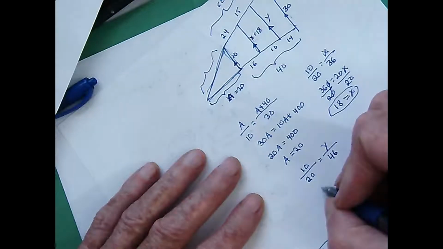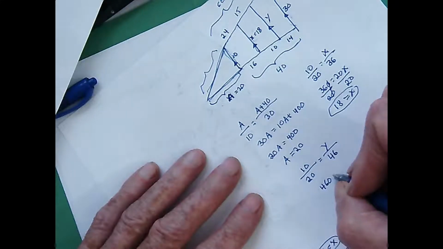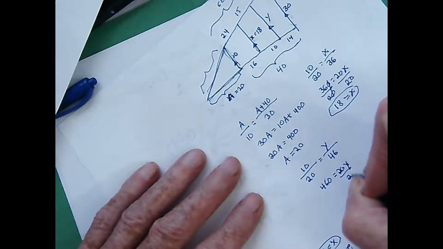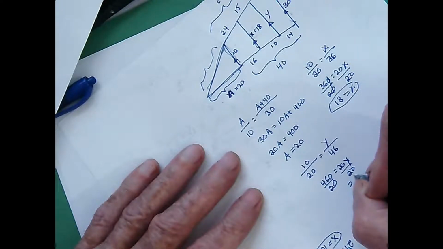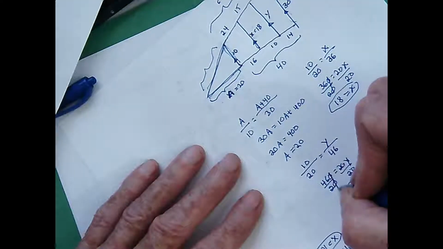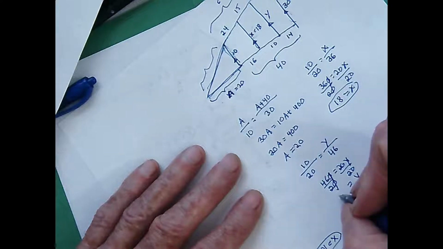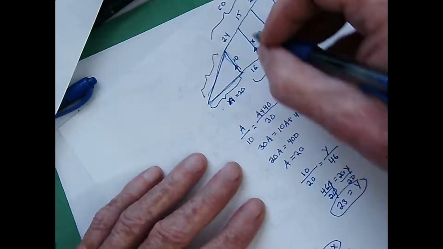Cross multiply here, we'll have 460 equals 20y. Divide both sides by 20. Let's find the value of y. Knock a 0 off of each one, it's pretty easy to do. And 46 divided by 2 would be 23. Yep, that length would have been 23.